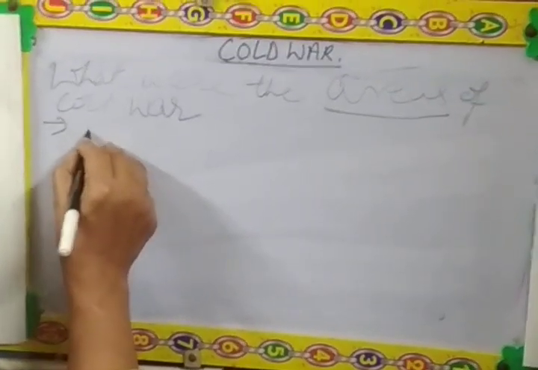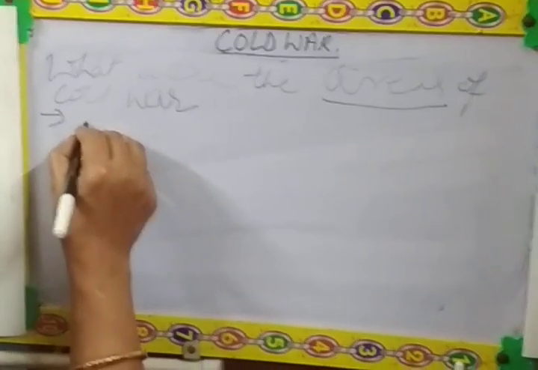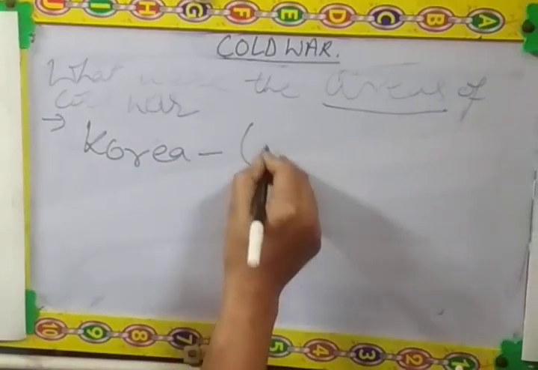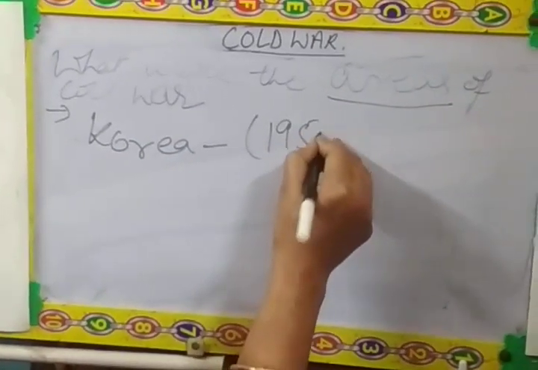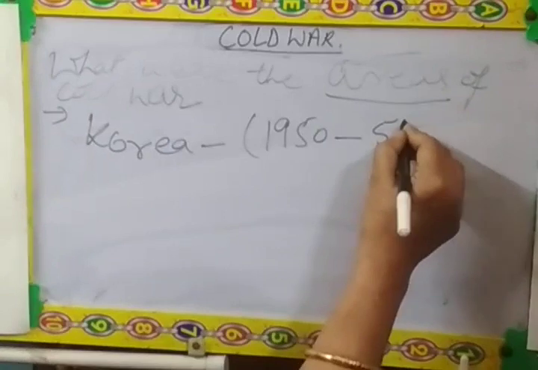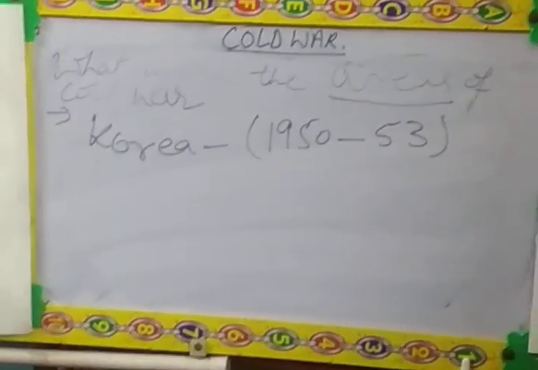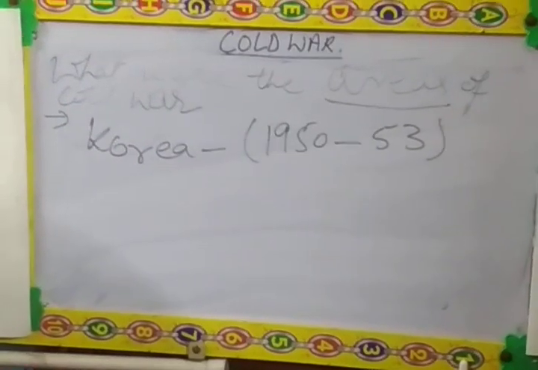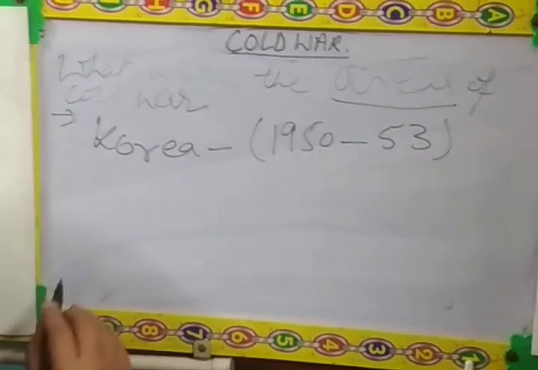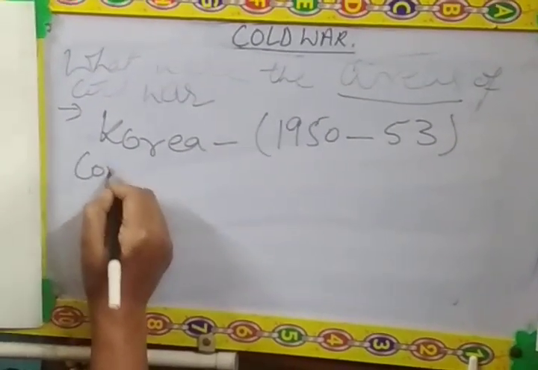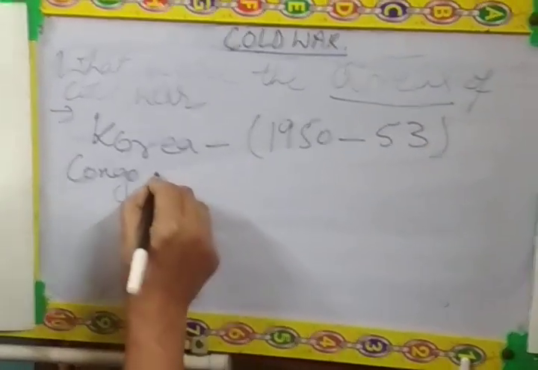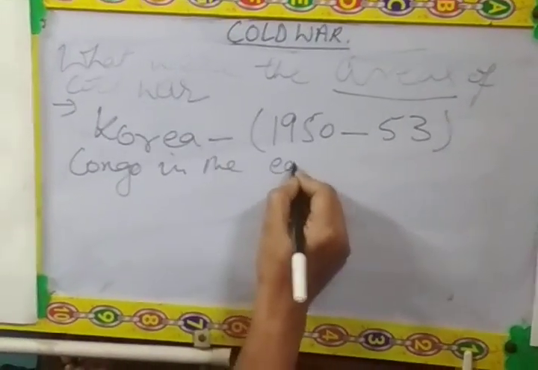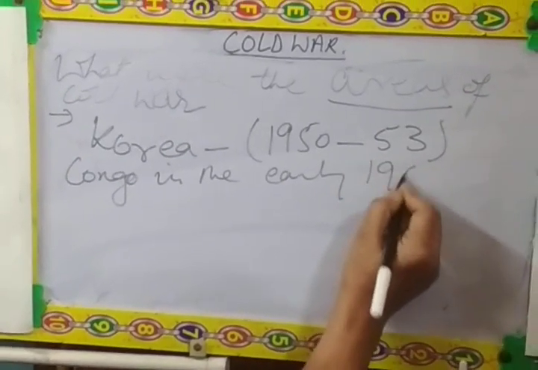For example, in Korea between 1950 to 53, America and USSR fought the local war. In Congo, they fought in the early 60s.